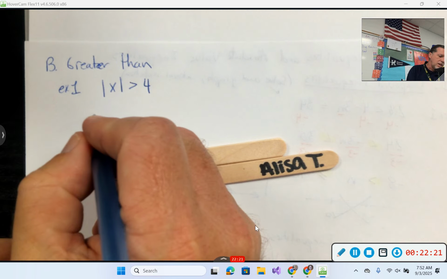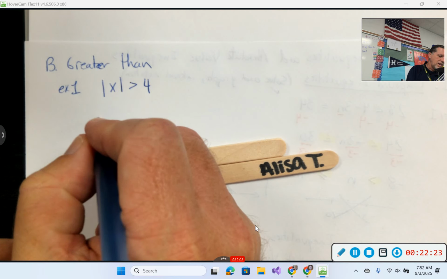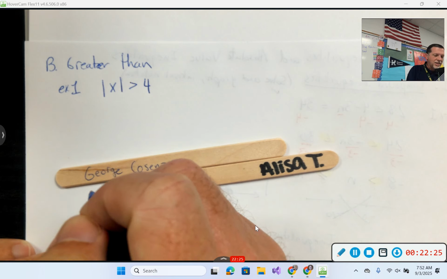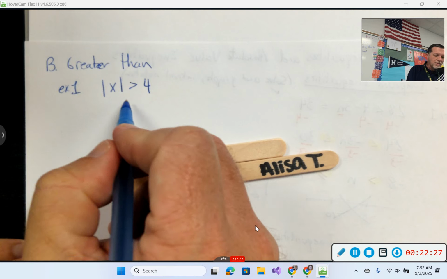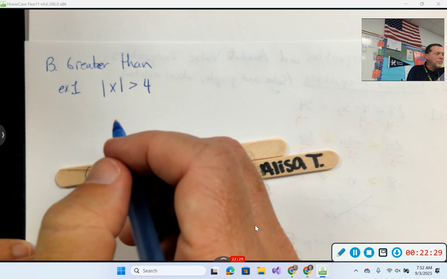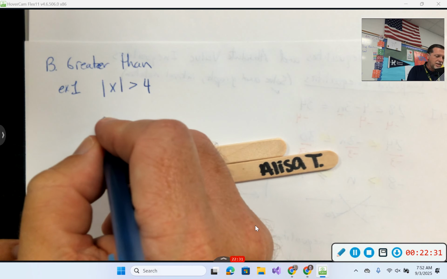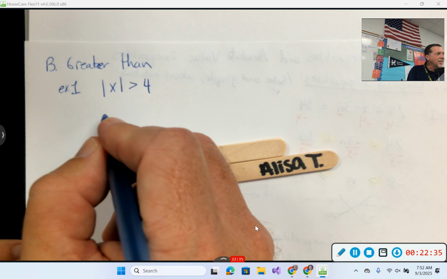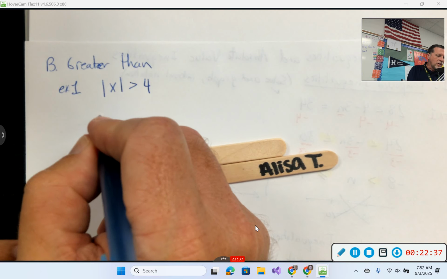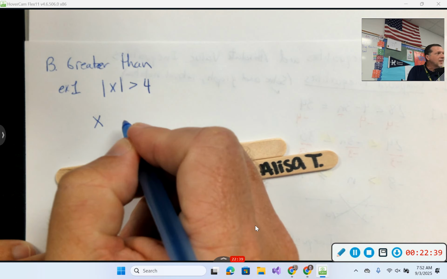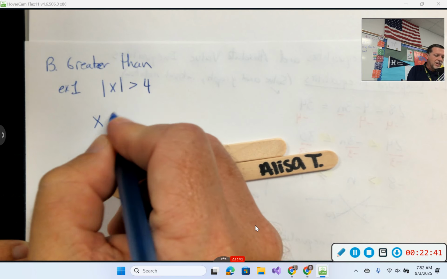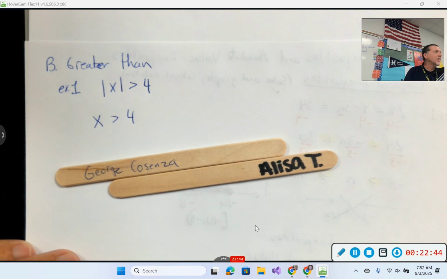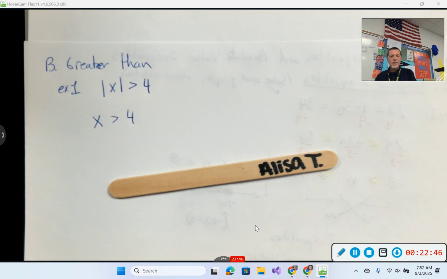Should I just drop the absolute value on the x, and then it'd be less than 4? Well, drop the absolute value bars. You don't drop the x. So x, and no, it's greater than 4. That's all it is. Same with equations, same with less than.